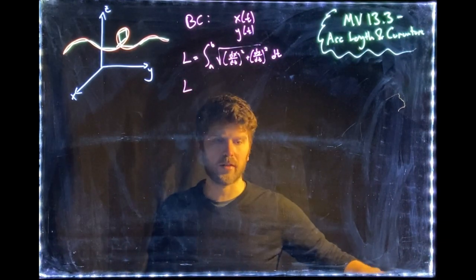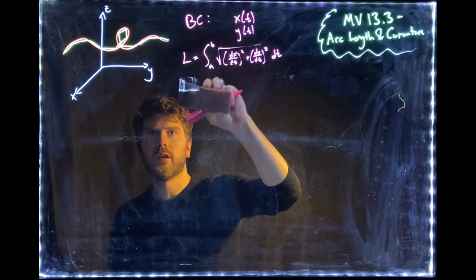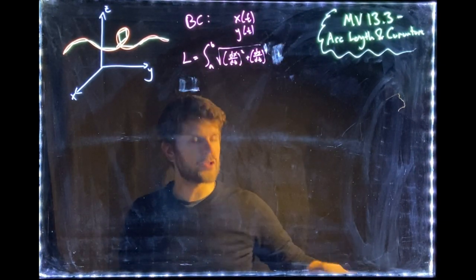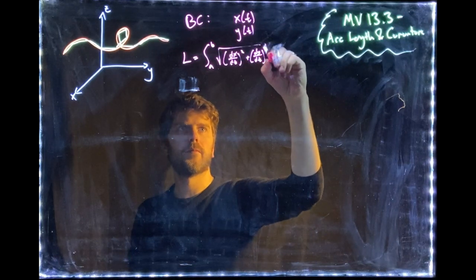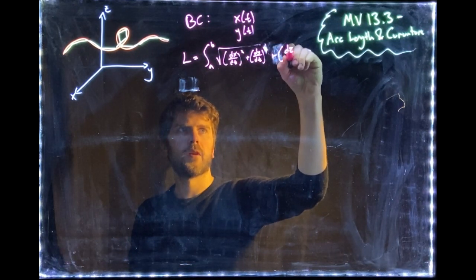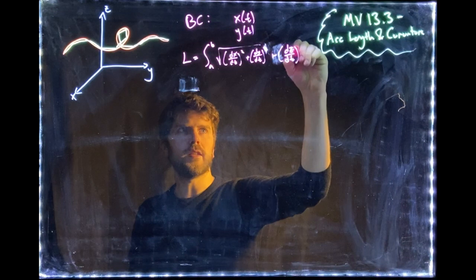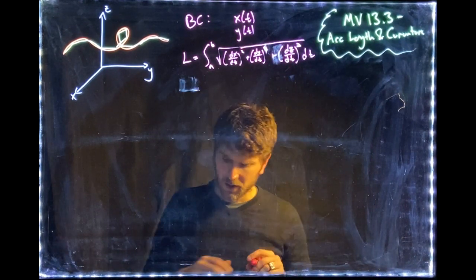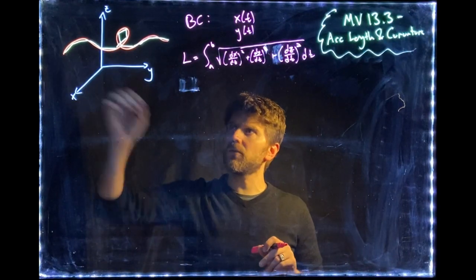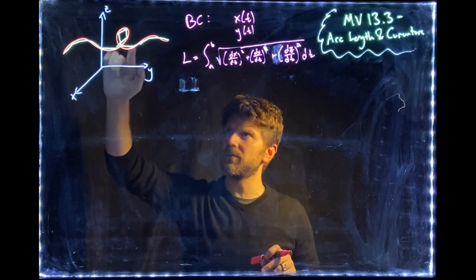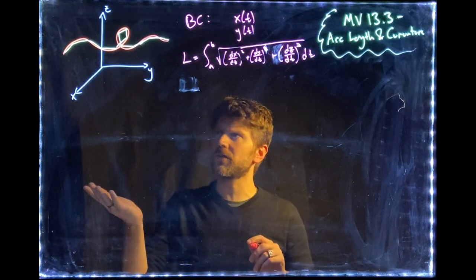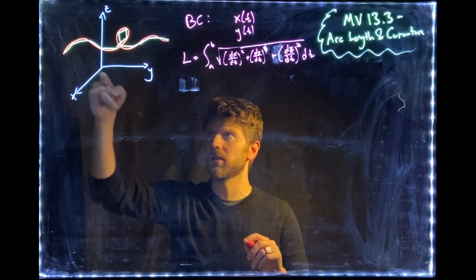And in fact, rather than rewriting the whole thing again, in 3D we can just extend it. Plus (dz/dt), the quantity squared, dt. And the rationale here is, if you see in red this space curve, we're taking the limit of chopping it up into little line segments.